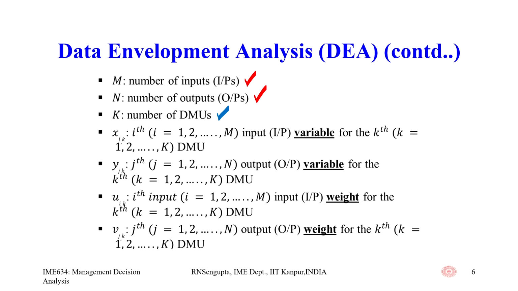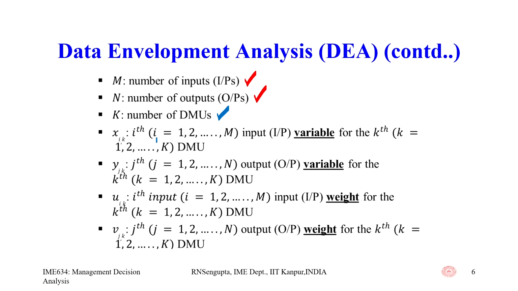And what are the variables? x_ik is the ith input variable for the kth DMU, y_jk is the jth output variable for the kth DMU, u_ik is the ith input weight for the kth DMU, and finally v_jk is the jth output weight for the kth DMU. And what is ijk? Let me verify once again.